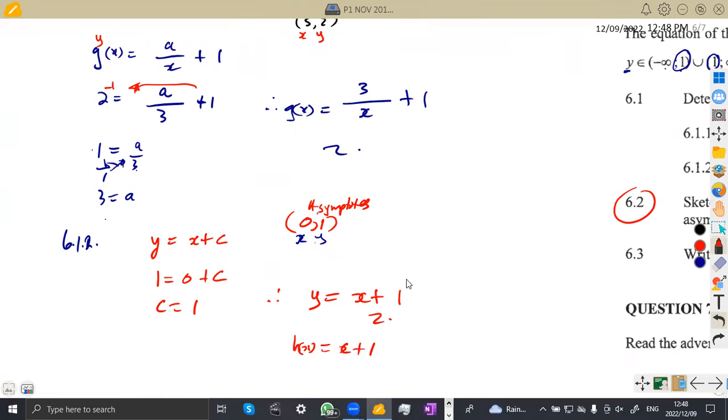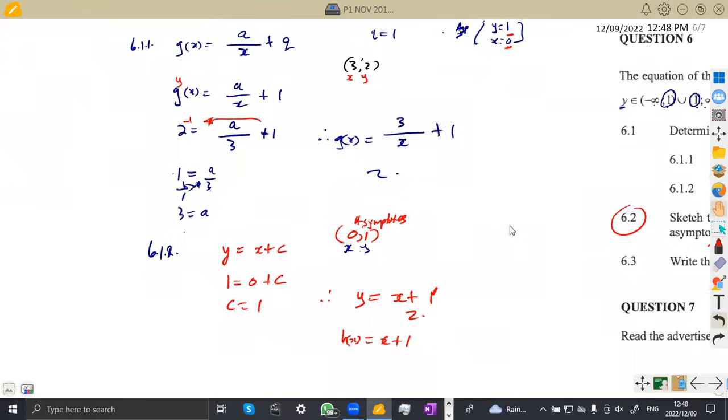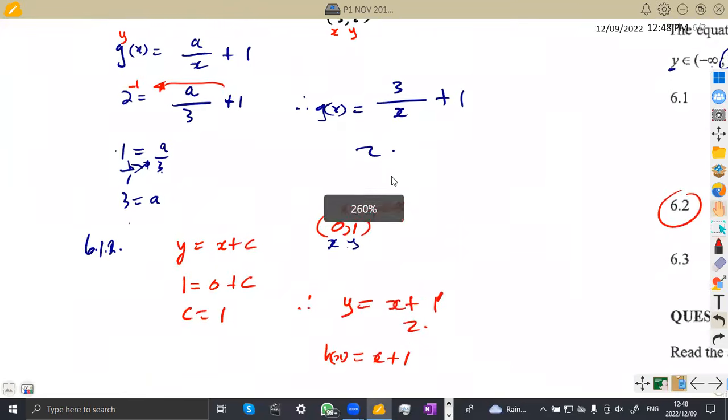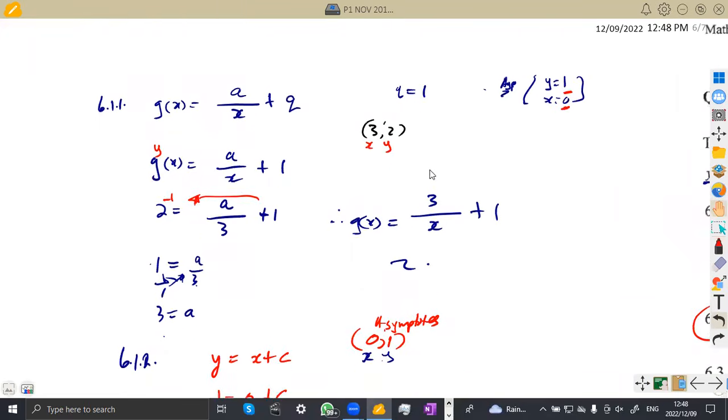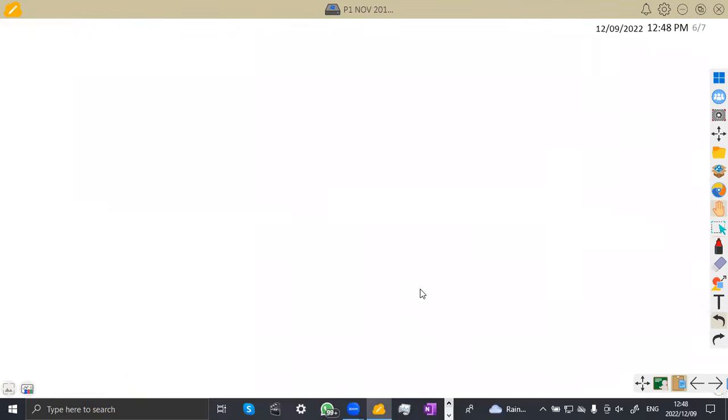Now in 6.2, we need to sketch these two graphs. We are going to take some of the information that we already determined from the previous part.